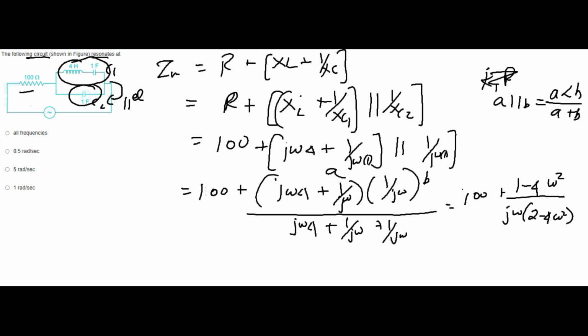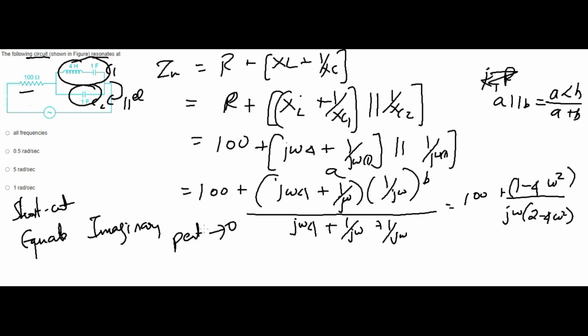Listen to me. For finding the answer, don't solve everything. Mainly you have to take the imaginary part. I'm telling you the shortcut: equate the imaginary part to 0. The imaginary part here is 1 minus 4 omega square.